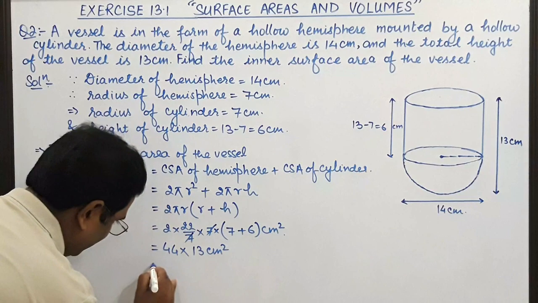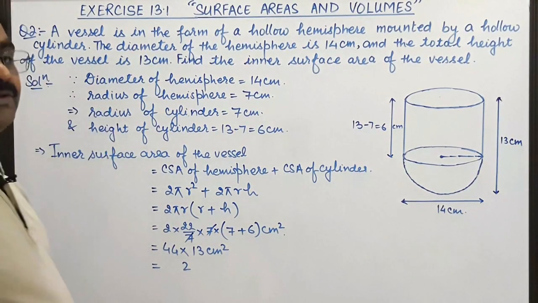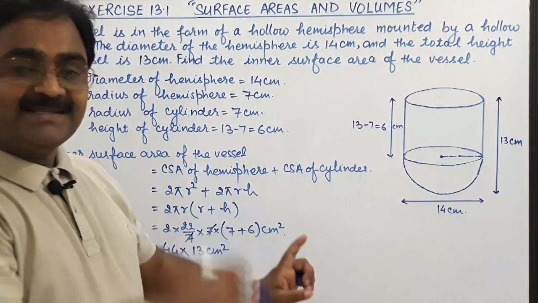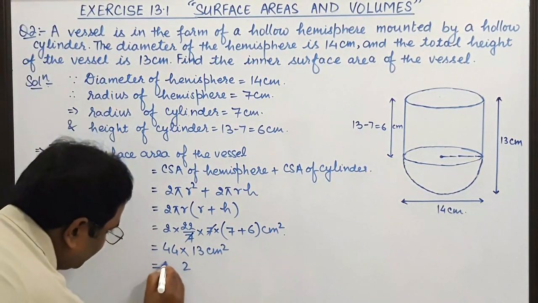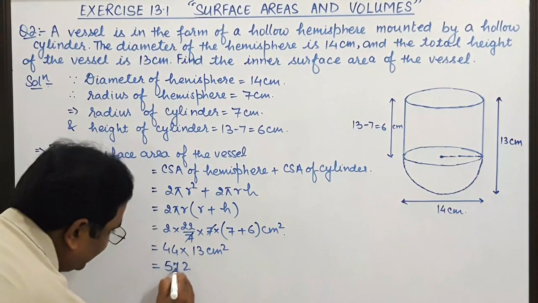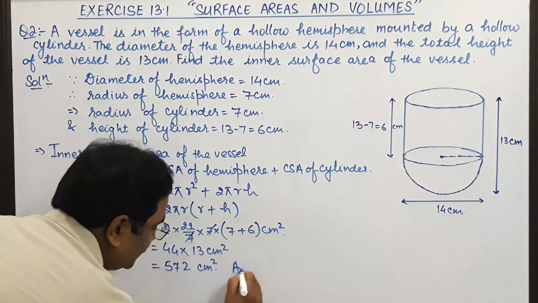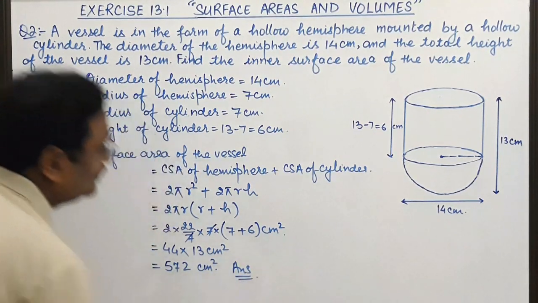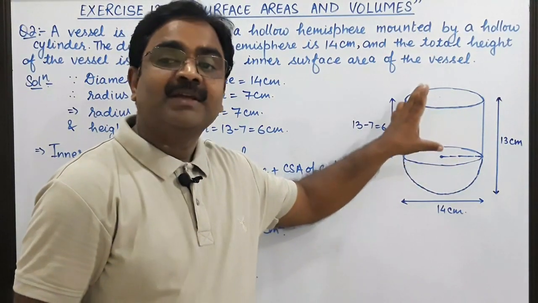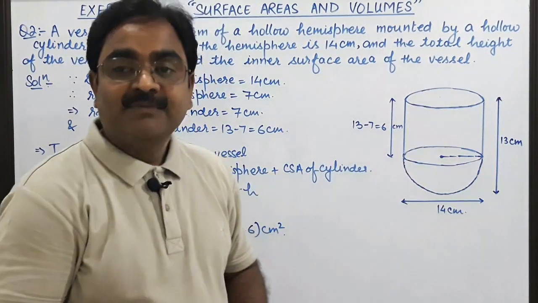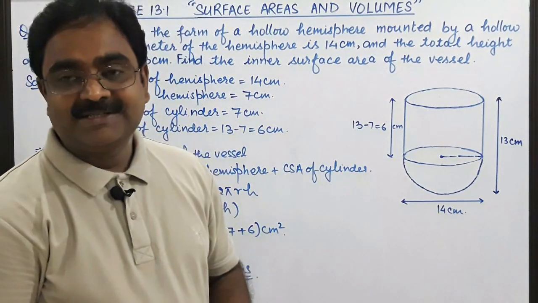So multiply it: 13 times 4 is 52, 13 times 4 is 52, 5 is carry, again 4 times 3 is 12, 12 plus 5 is 17, so 572 centimeter square is the inner surface area of this vessel, which is formed by the combination of these two solids.